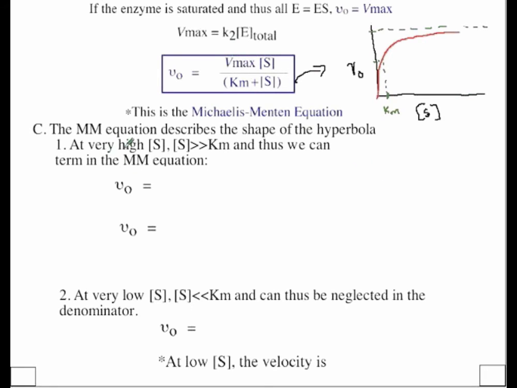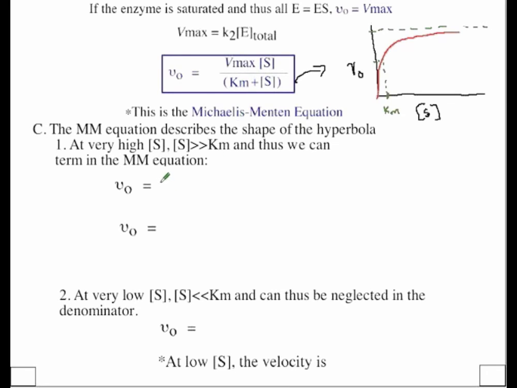So at very high substrate concentrations, the concentration of substrate is much, much greater than Km. So we can just go ahead and look at that in terms of this equation. If the concentration of substrate is much, much greater than Km, then Km becomes negligible.